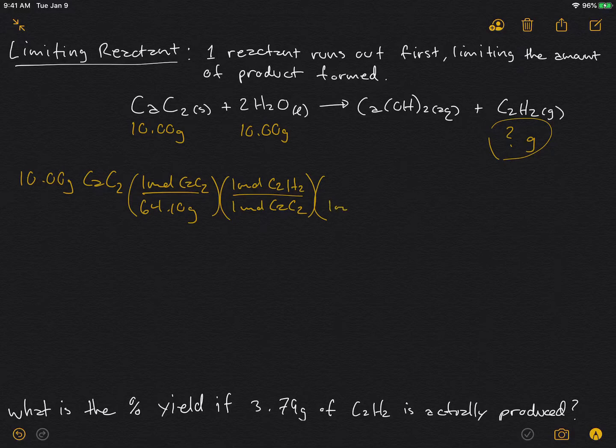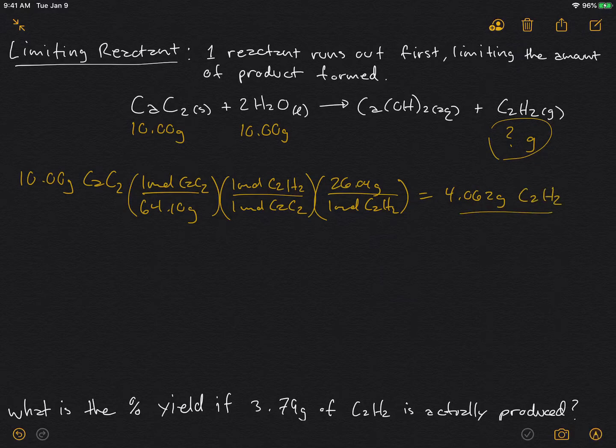And then 1 mole of acetylene has a mass of 26.04 grams. So starting from calcium carbide, we would make 4.062 grams of acetylene.